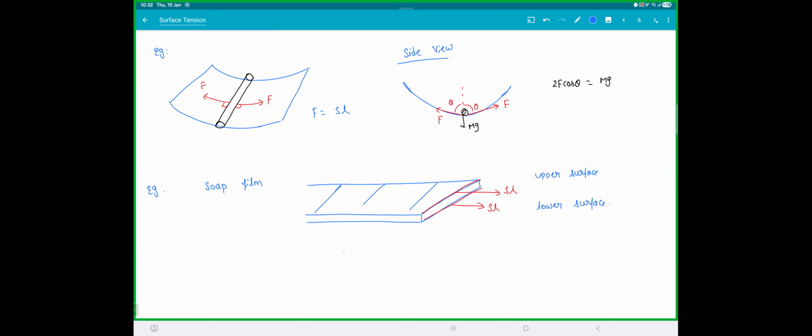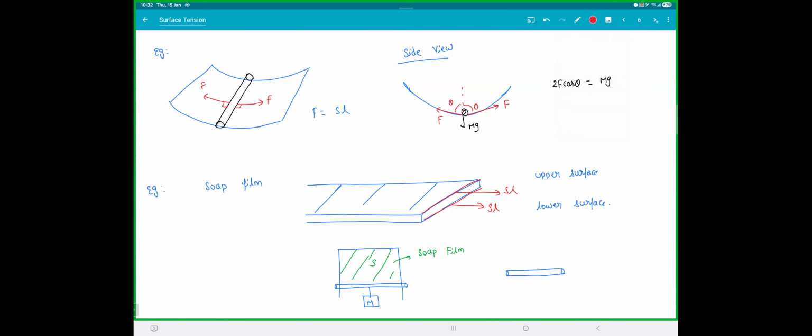That means if you take a rectangular frame like this, and you put a rod like this, and you tie a weight M here, and this is the soap film here, and S is the surface tension, then when you draw the FBD of this rod, there will be two surface tension forces.